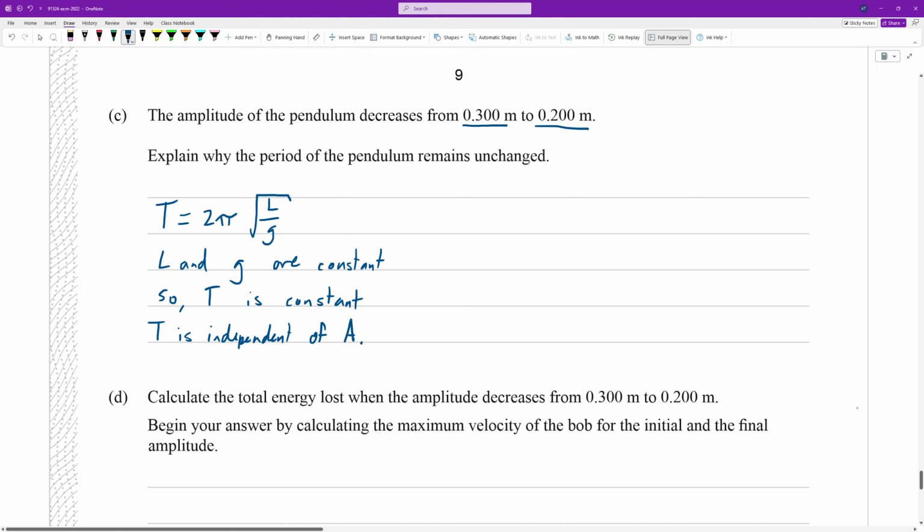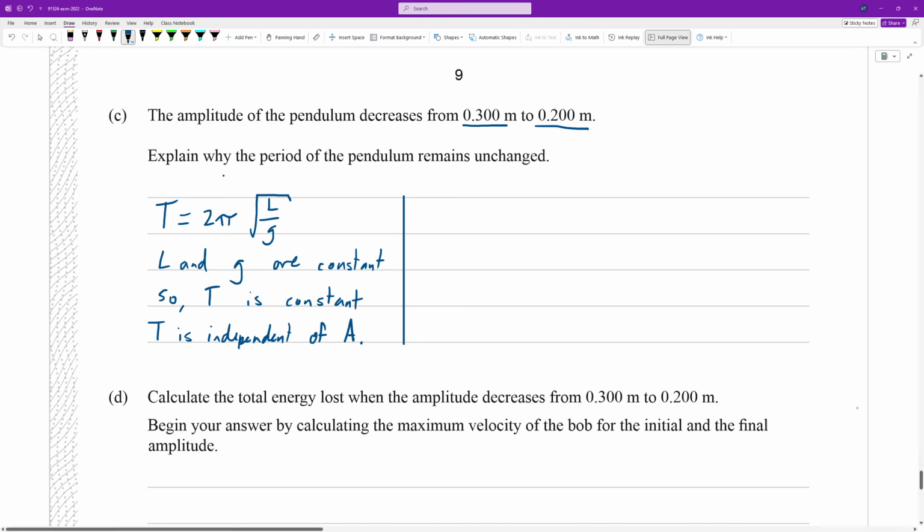The time period does not change with amplitude. Cool. So we stated the equation, we explained that L and G are constant, which means the time period is constant, and we linked it back to the context of the question in saying that it does not depend on amplitude.